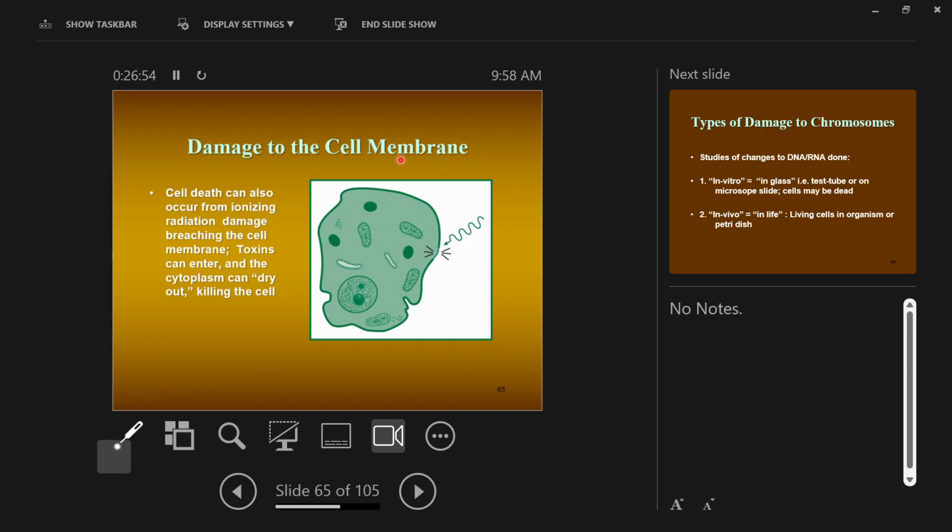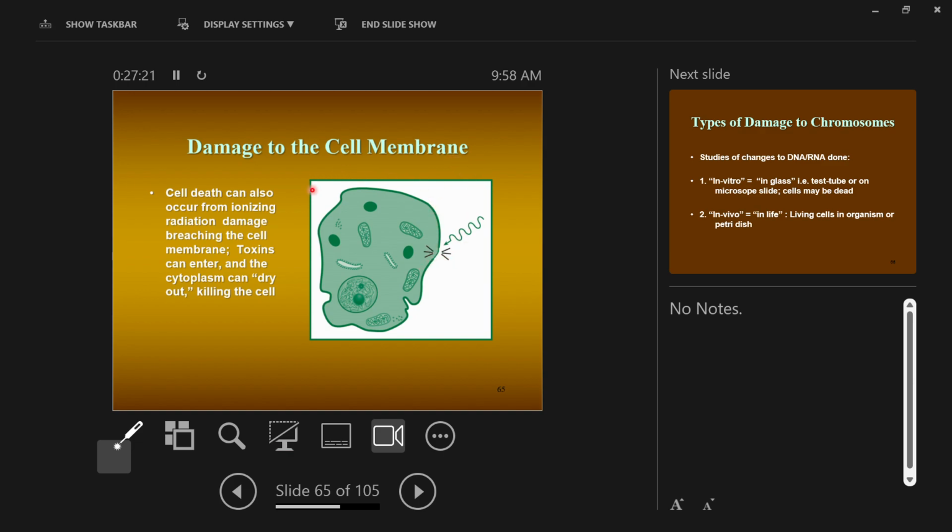Now that can happen under certain circumstances, like hypersalinity or hyposalinity, low salt solution situations. So you can damage cells, removing the water from them just by osmosis. But this is a physical, literal break in the cell's membrane from radiation exposure, from ionization of the cell membrane.